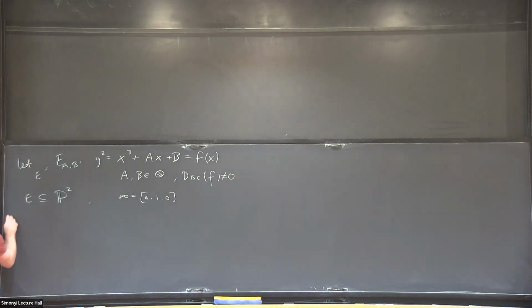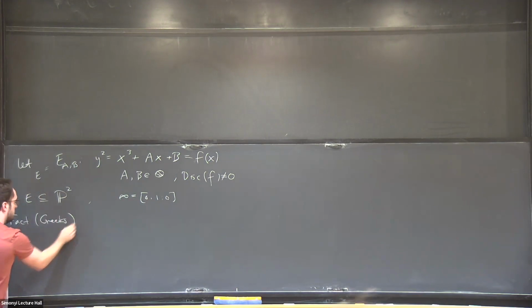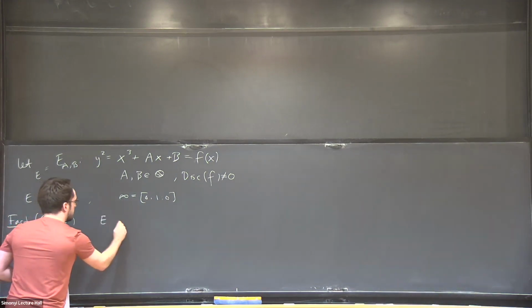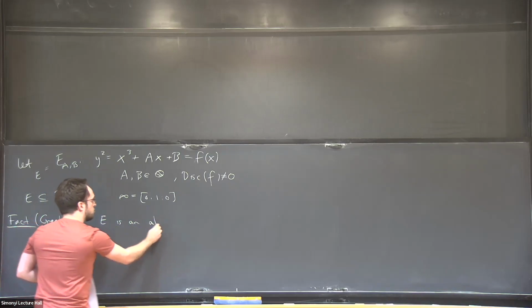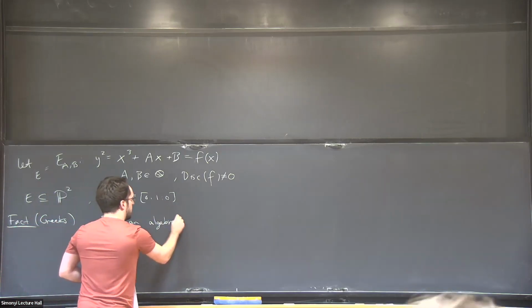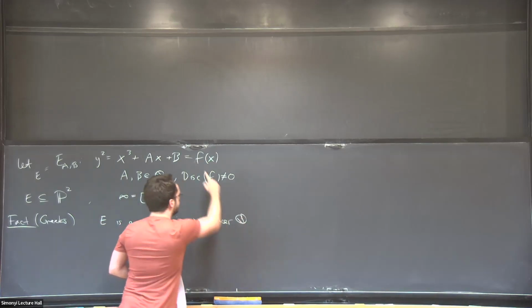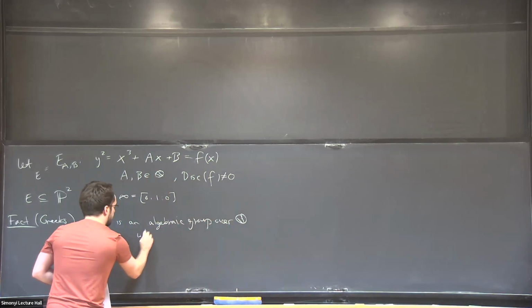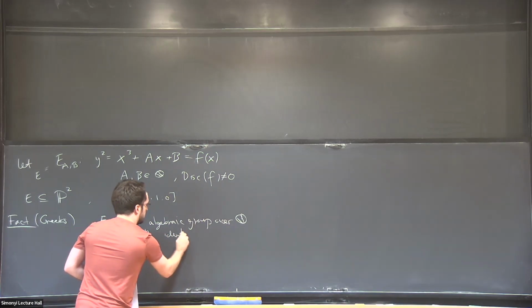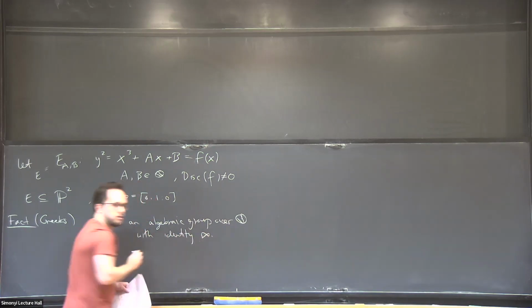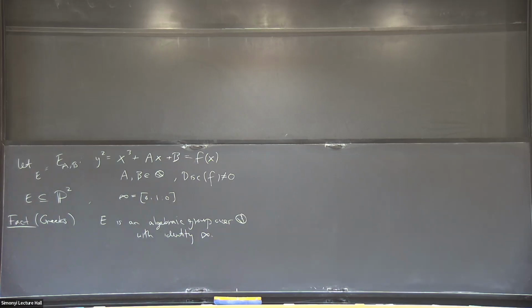And in fact, going back to the Greeks, they wouldn't say it this way, E is an algebraic group in a natural way over Q, over its field of definition, with identity element infinity, which we'll now start calling 0 often.